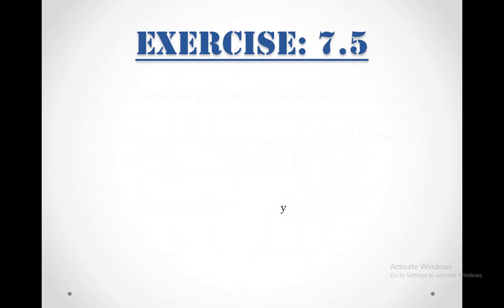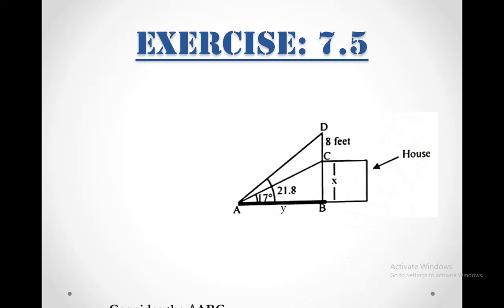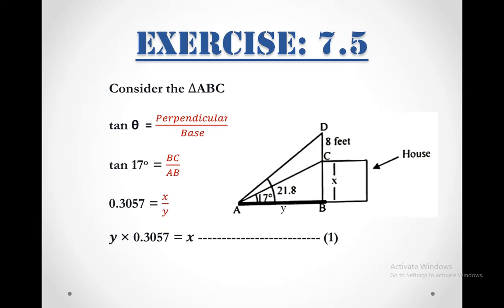Continuing our solution on the next page, we consider the right triangle ABC in which we apply tan theta, which is equal to perpendicular over base. In this triangle the angle is 17 degrees. So tan 17 degrees is equal to BC over AB. We have already used the values X and Y for BC and AB.